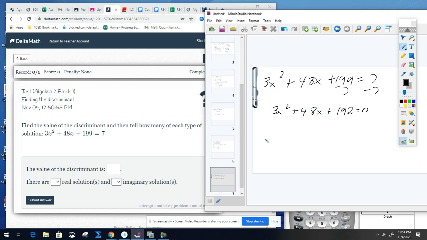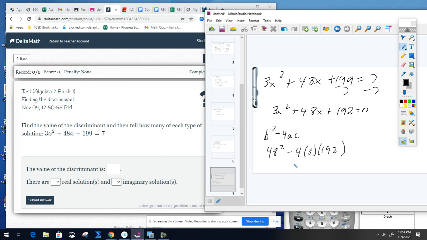So now I can plug it into the formula, b squared minus 4ac. That's a terrible b, sorry. And I'm going to get 48 squared minus 4 times a times c. So plug that into the calculator. 48 squared minus 4 times 3 times 192, and that equals 0.